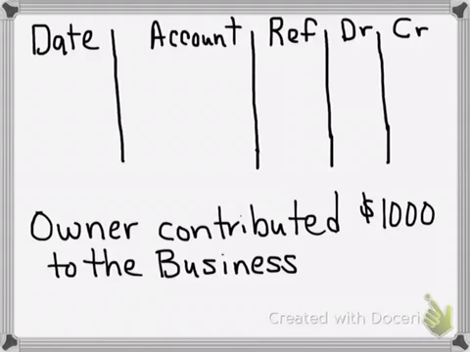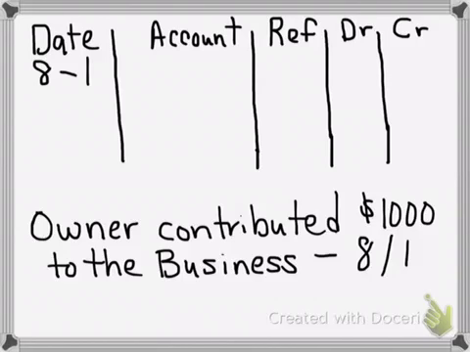So if I look at a particular entry, such as the owner contributed $1,000 to the business, and I'm just going to say that this happened on 8/1, we are going to have a journal entry.